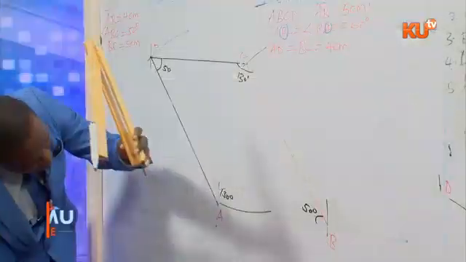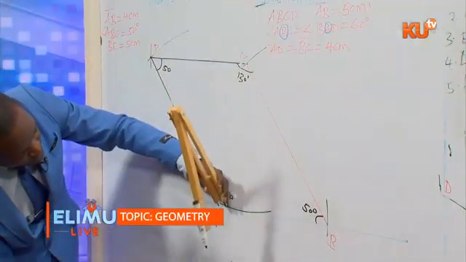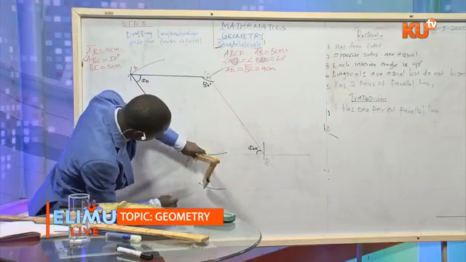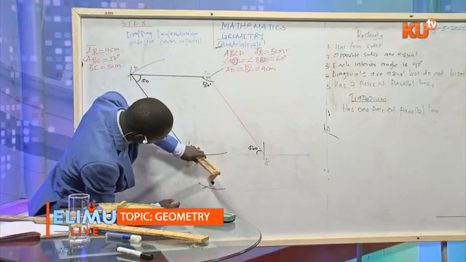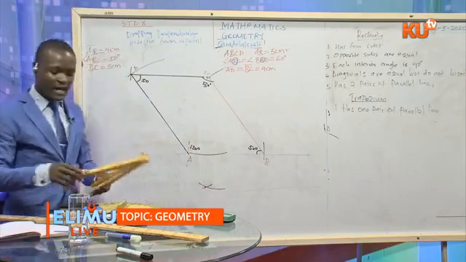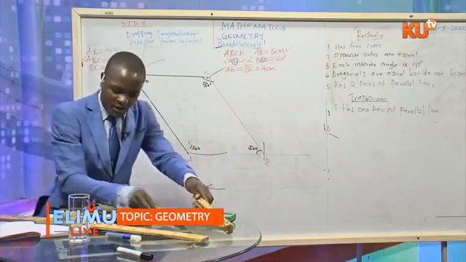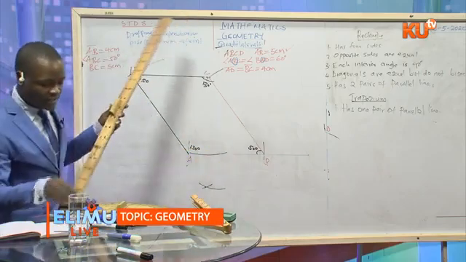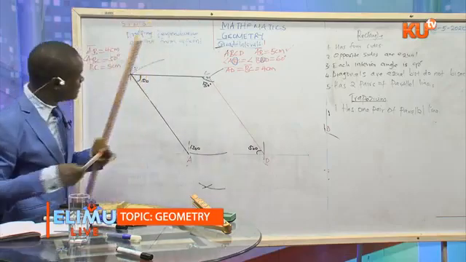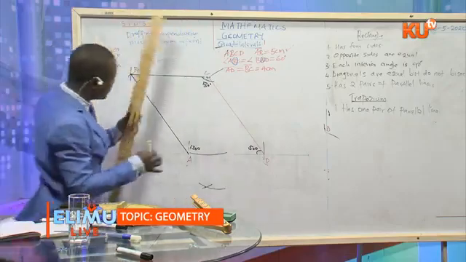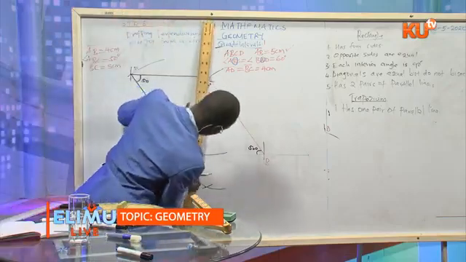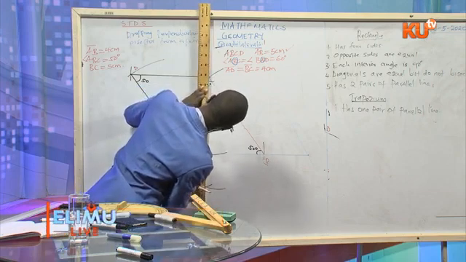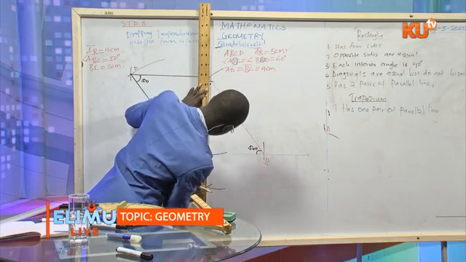Don't interfere with the compass; come back to where you have the other arc cutting the line, and also draw an arc. After doing that, you join this perpendicular bisector from point C to where the two arcs intersect.